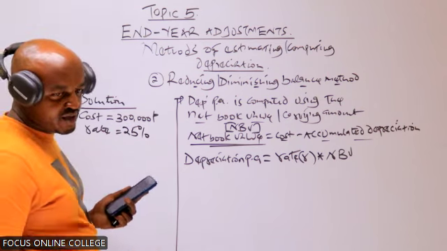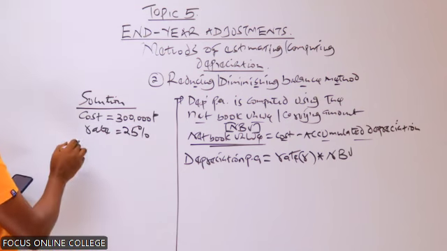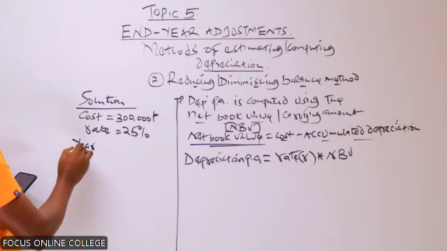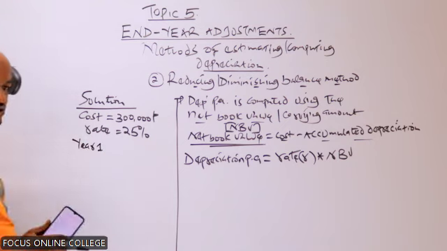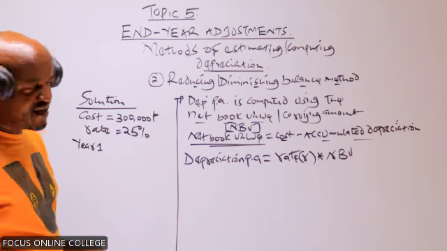So how do we compute the depreciation per annum? We must compute depreciation for year 1, year 2, and year 3.